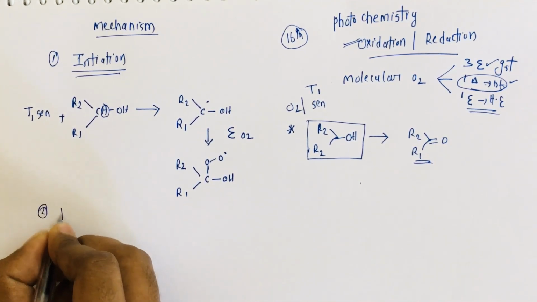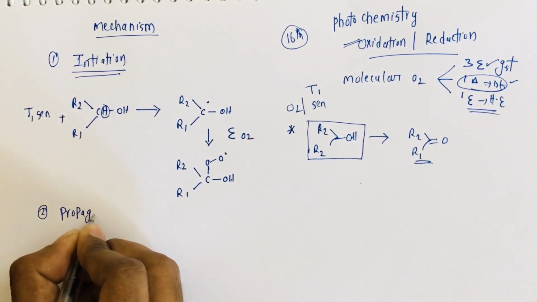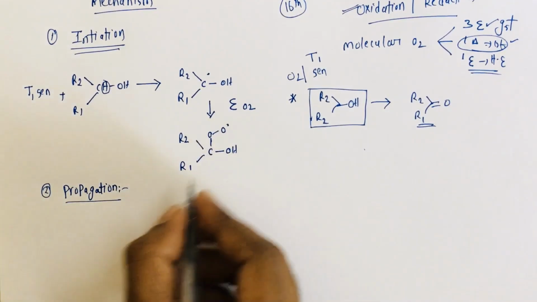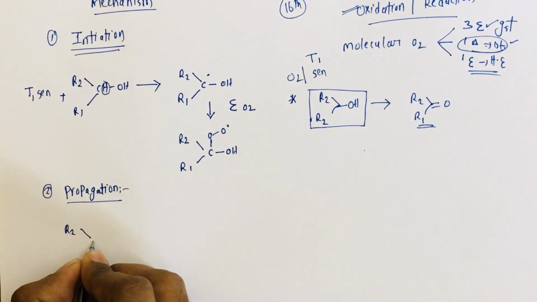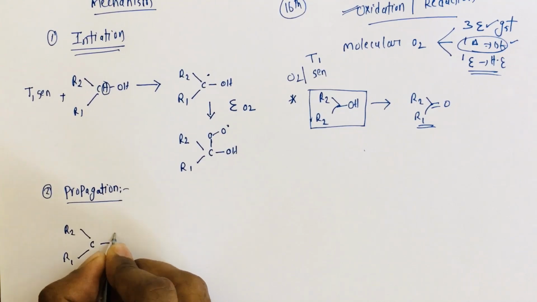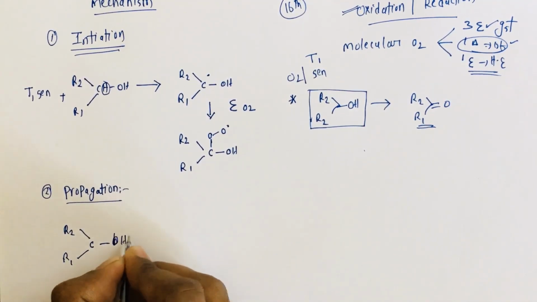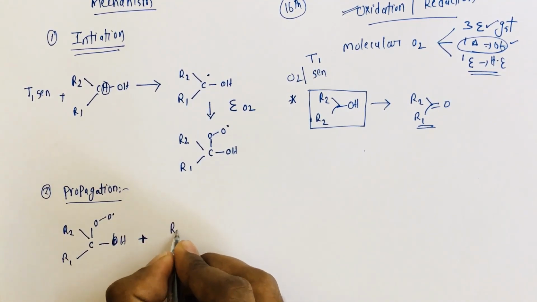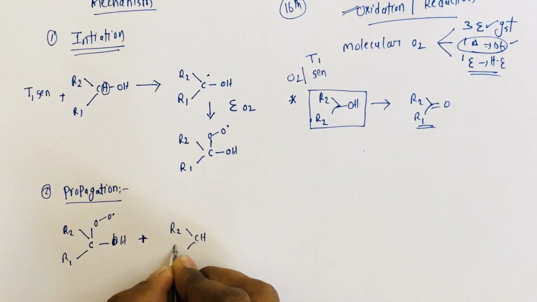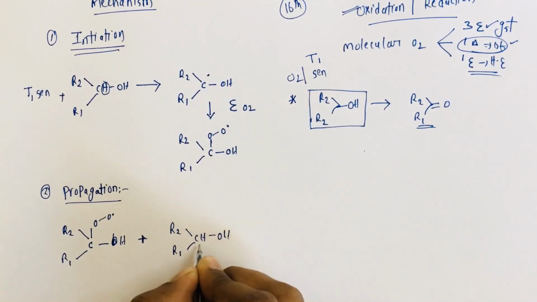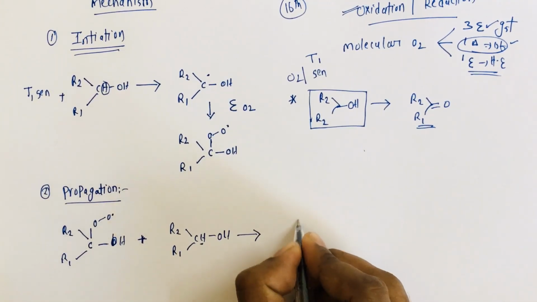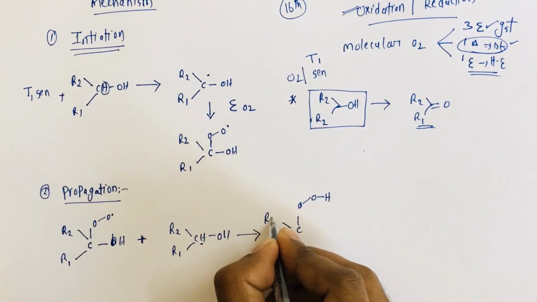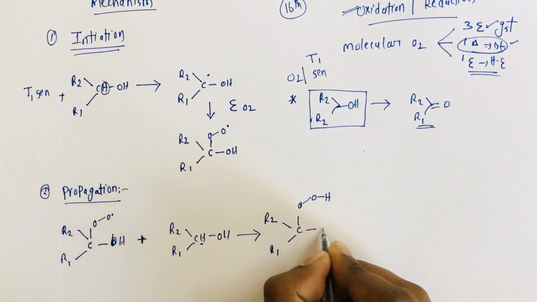The second step is the propagation step. In the propagation step, this compound takes one proton from the starting precursor, and this gets converted into what is called a hydroperoxide, with OH.